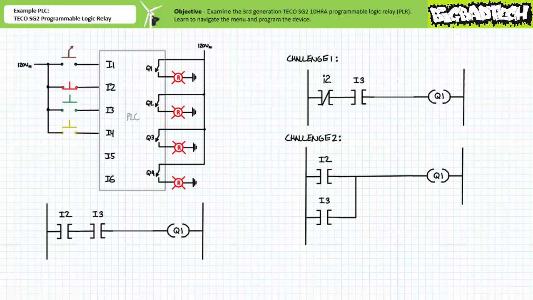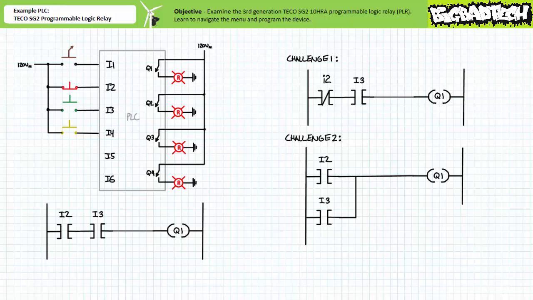Alright, that about wraps up this brief introduction to the TECO SG2 10HRA PLR, just one of the many different types of basic programmable logic controllers commercially available. We familiarized ourselves with the layout and specifications of a TECO SG2 10HRA Programmable Logic Relay, and learned to navigate the menu and program it using the dedicated buttons, confusing proprietary keystrokes, and the ridiculously small LCD screen.